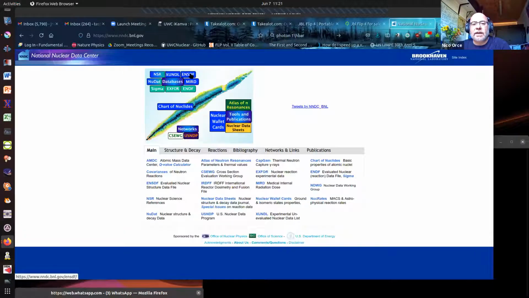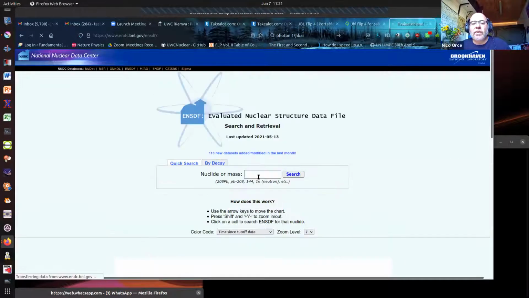This is evaluated data, which will tell us all the information that we know of oxygen 17. And here we're going to just type 17 oxygen. We're going to search.